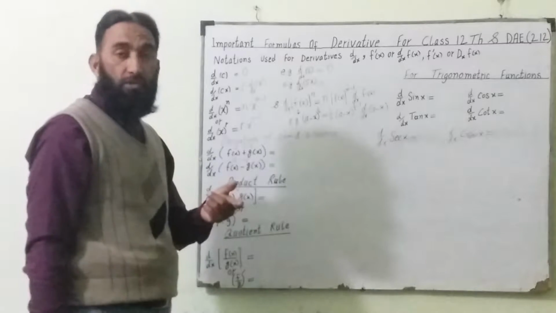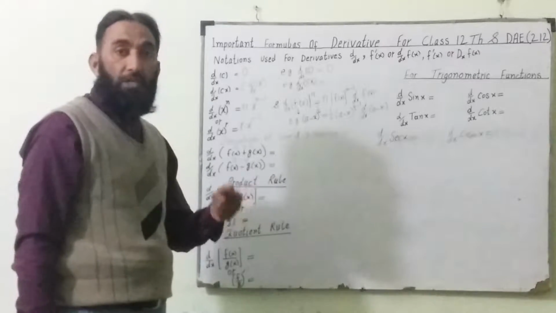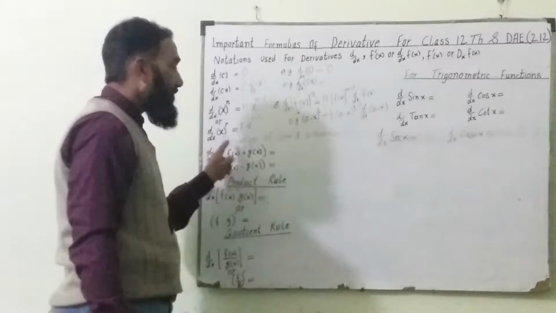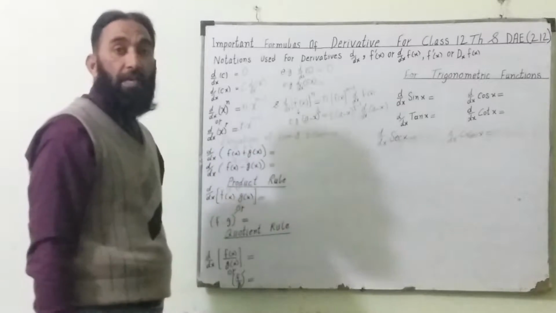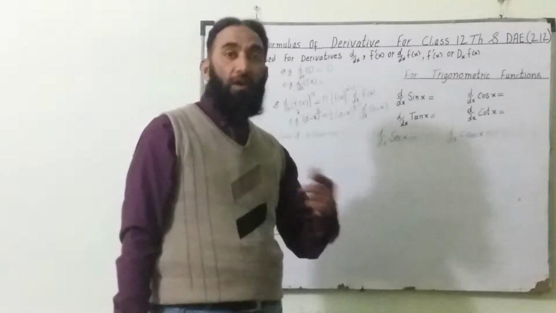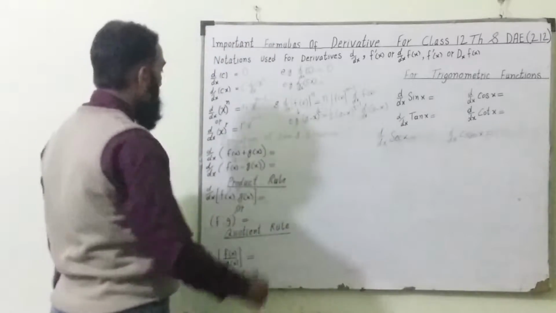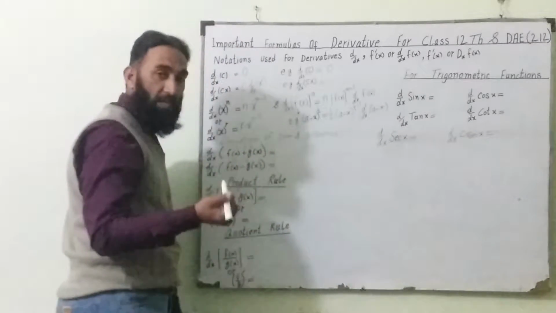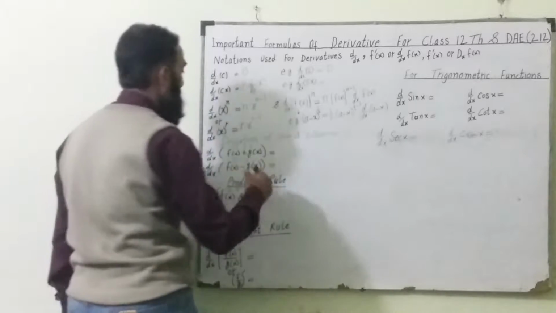In our books, teachers use these terms u plus v, the derivative of u plus v, or you can say the derivative of the function f of x plus g of x.